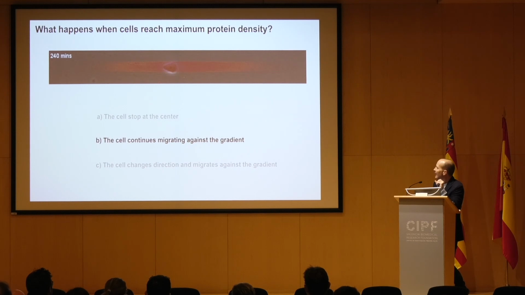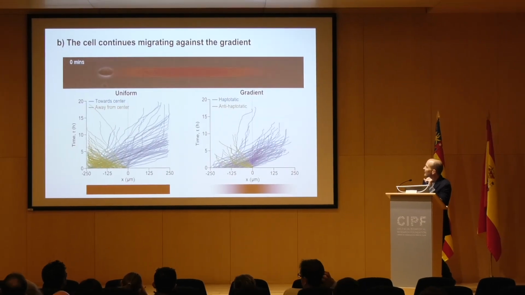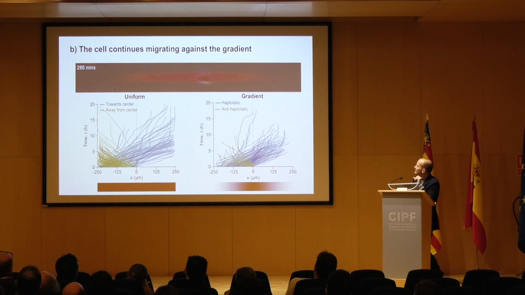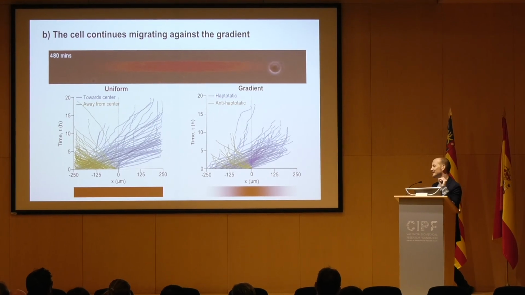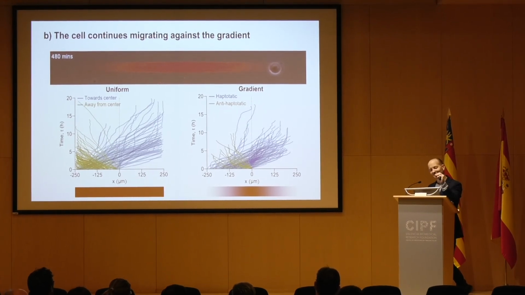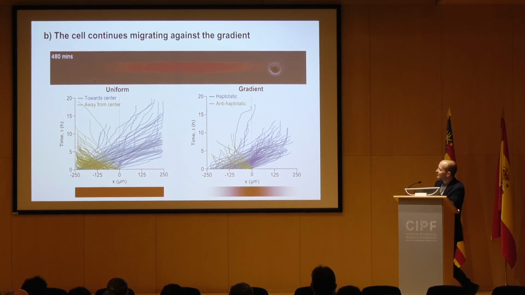Okay, and this is something that our model did not anticipate. Our model would predict that once you hit the region of highest adhesion, that's where you get stuck. And we quantified this, so if the gradient is uniform, you have, again, half and half of them.